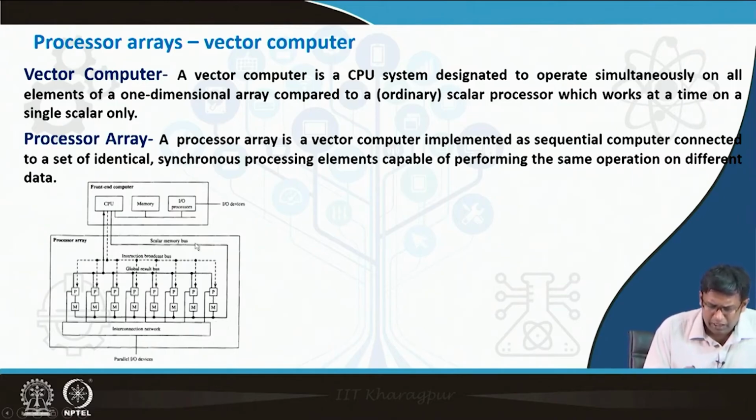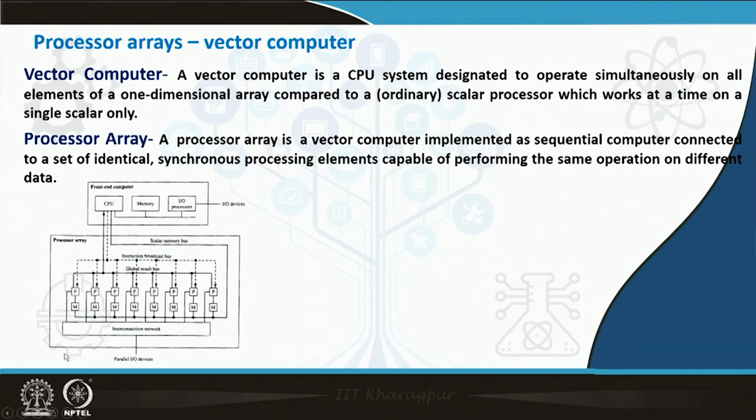That means scalar memory goes one by one from the CPU and resides in the memories of different vector processors present in the processor array, and each of these processors is connected with its own small memory.